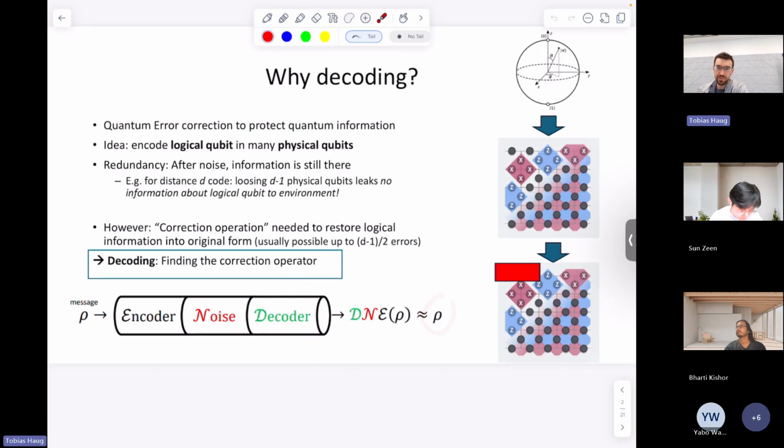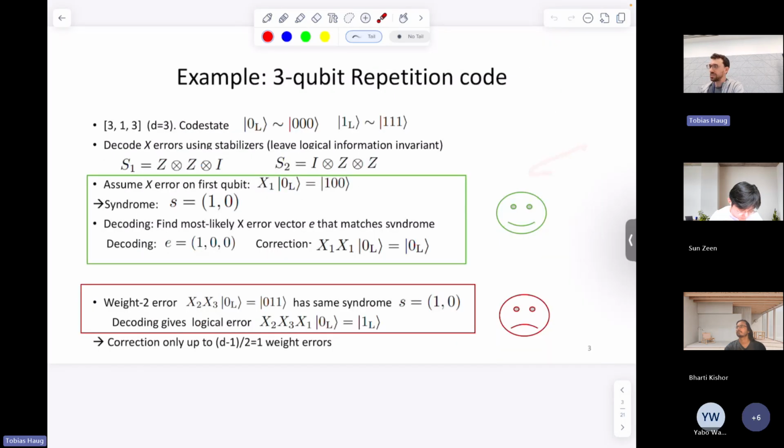Last time we learned with a very basic example how decoding works in practice. We looked at the 3-qubit repetition code, which encapsulates most of what you need to know to understand decoding. In our 3-qubit repetition code, the logical information is encoded as 000 and 111 physical qubits.